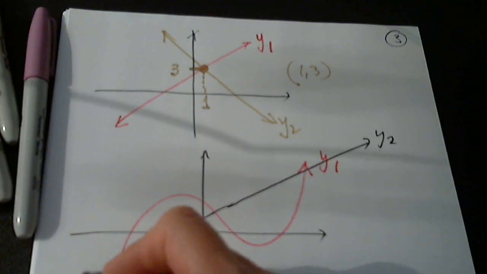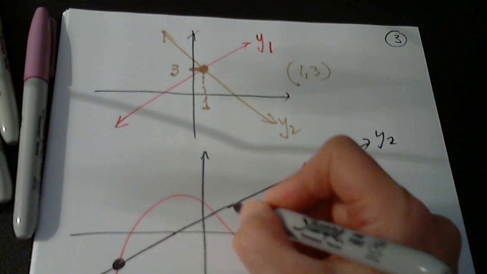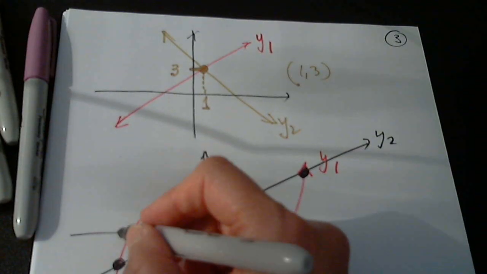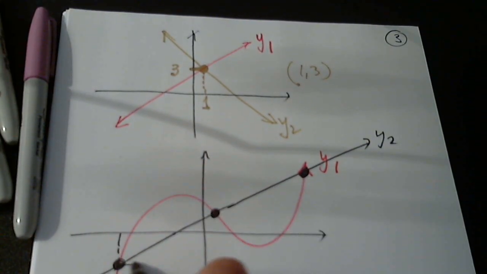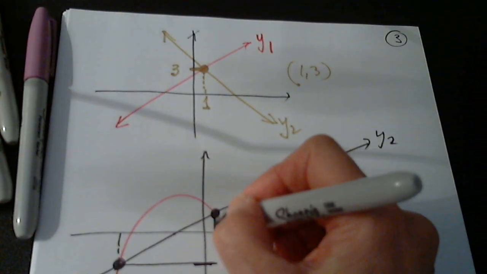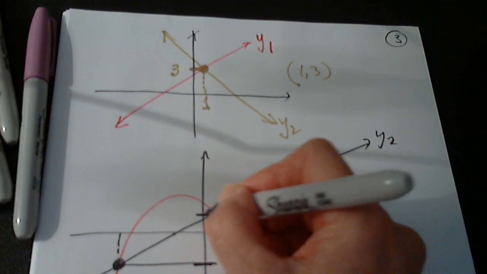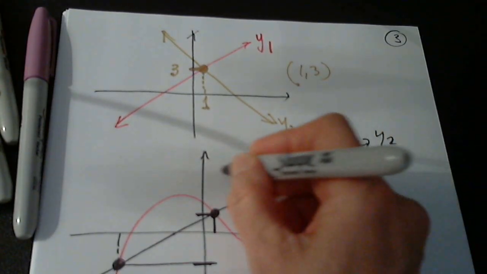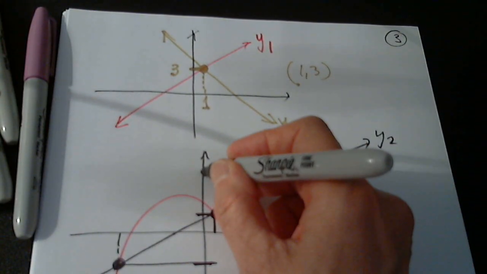Look at what happens here. 1, 2, 3. At this x value, both y values are the same. At this x value, both y values are the same. At this x value, both y values are the same.